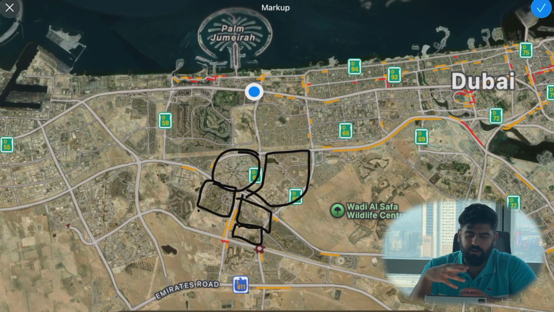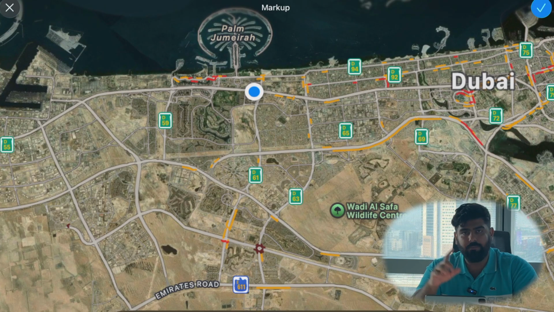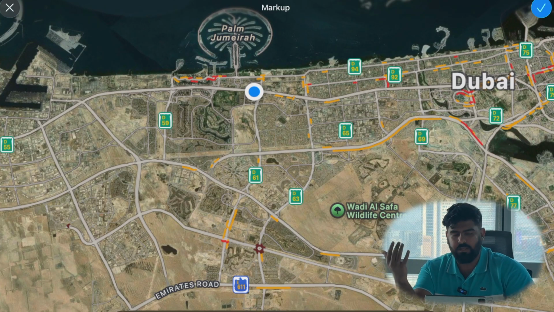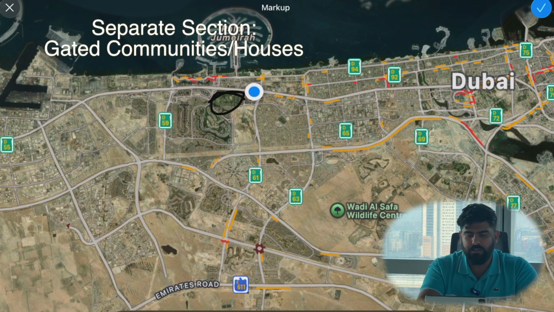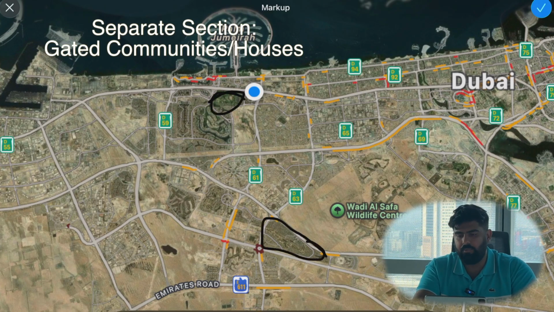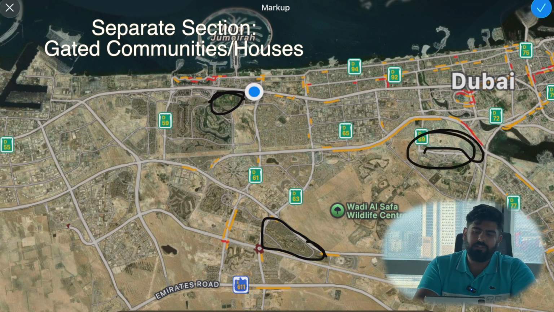So you have a mix of so many things, but then if you also take a look, which is this, now I'm going to explain why Zone 1, Zone 2, Zone 3 doesn't work. Now, some of the most expensive properties in Dubai are in Emirates Hills and then in Arabian Ranches, as an example, or even Meydan District 1. So these are some of the most expensive properties as well, after the Palm, sometimes more than some of the villas on the Palm.